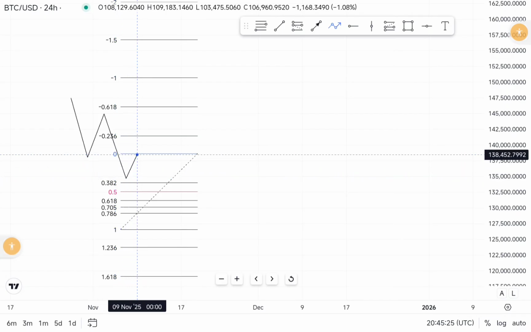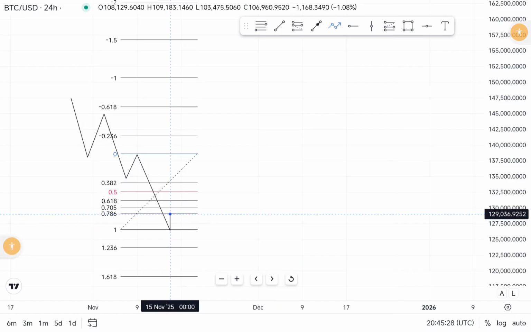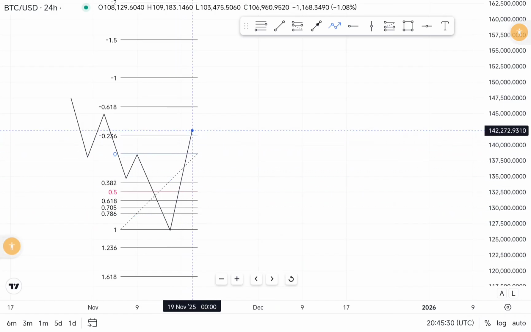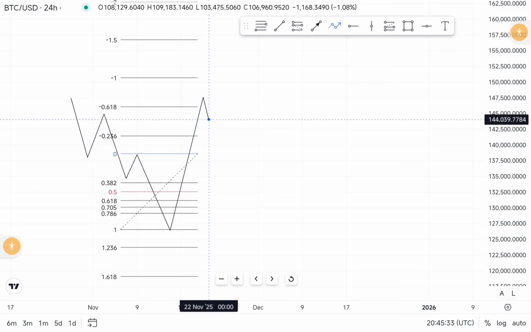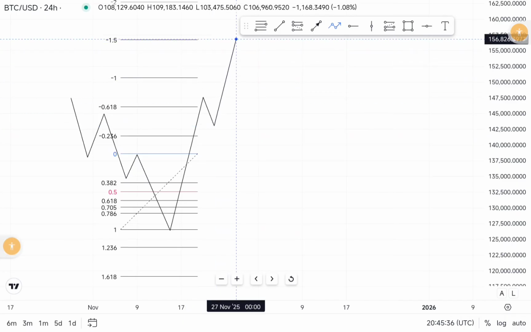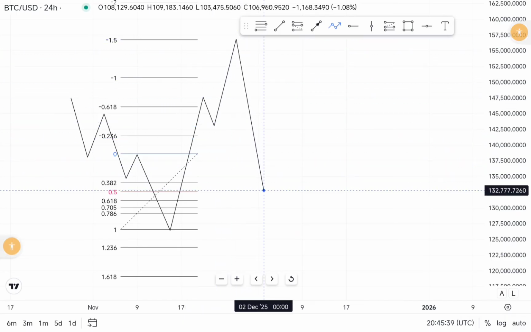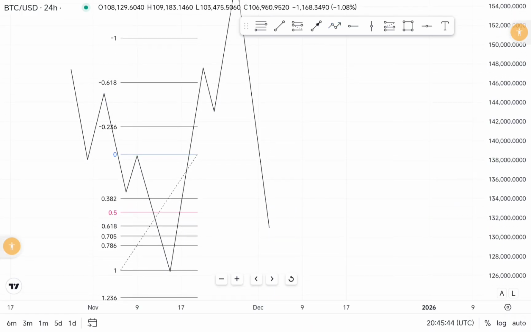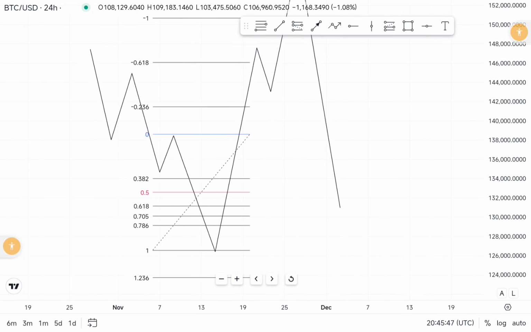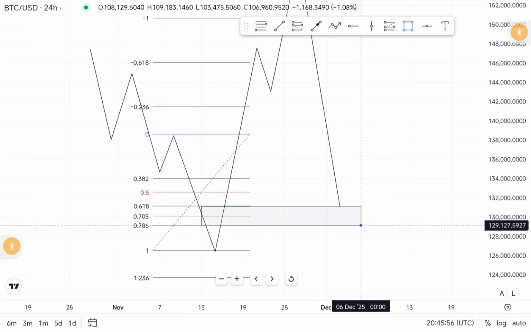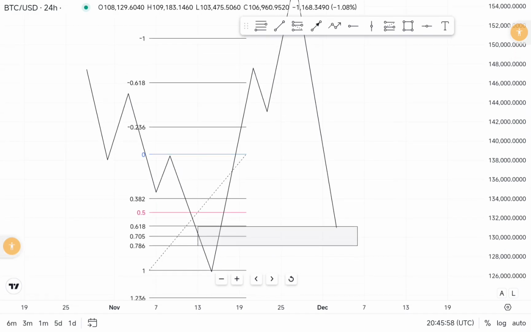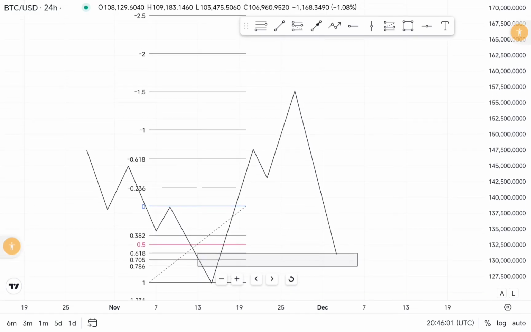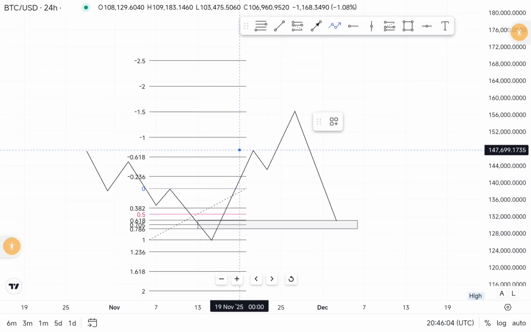This region normally serves as a pullback point after a change of character or a structure shift might have occurred, and it normally pulls back to the 0.618 to 0.786 level before the price continues back in the direction of the trend. As you can see, that region is being illustrated in the sketch.